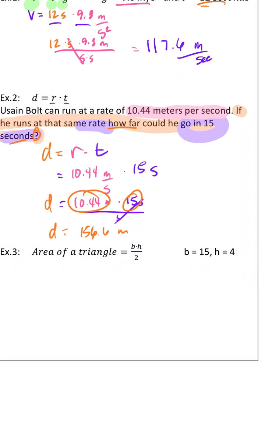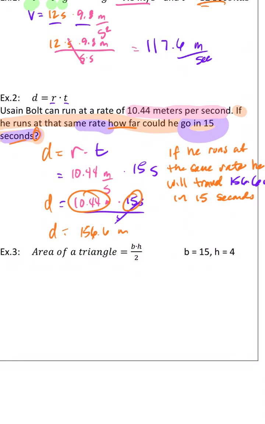So you could just write, if he runs at the same rate, he will travel 156.6 meters in 15 seconds.